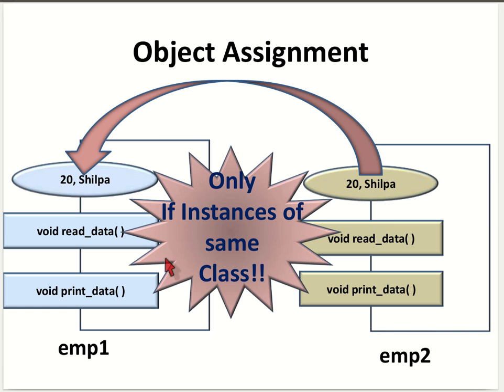Only these two are instances of the same class. It is not the same object. These are two instances of the same class, like C1 and C2.